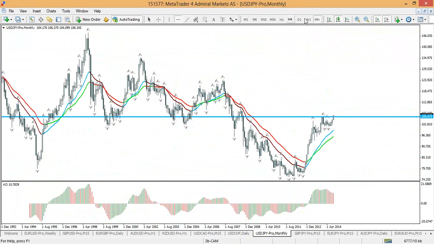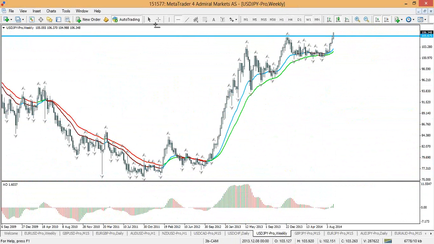That happened right in here, a weekly and monthly top. That was basically the top that the dollar yen could not break above during the entire 2014, and now it is doing so. It has spent about 8 plus months below that top in a very tight consolidation.